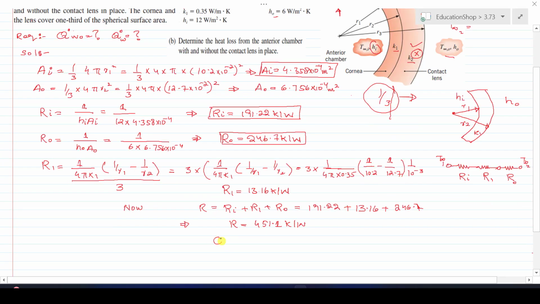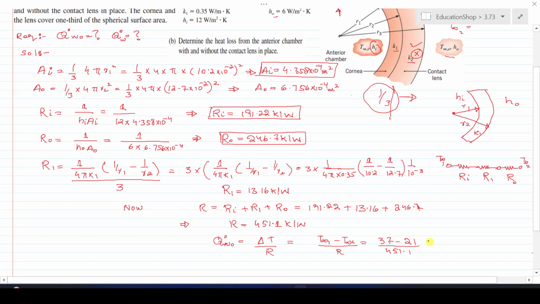So the amount of heat transfer without lens is equal to change in temperature divided by total resistance between these two temperatures. Change in temperature is T infinity 1 minus T infinity 2 divided by the total thermal resistance between them, and this inside temperature is 37, outside temperature is 21, divided by the thermal resistance 451.1.